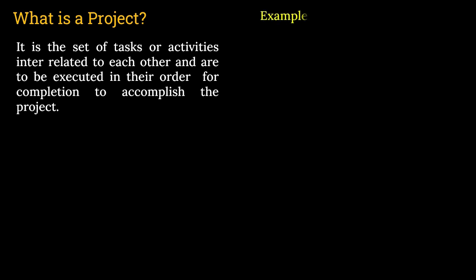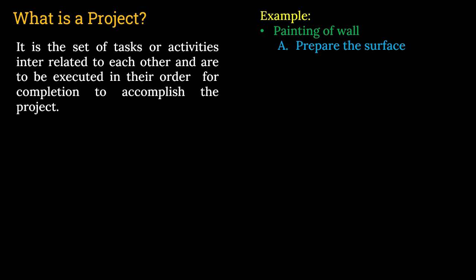Let us take one example. Suppose the example is painting of a wall. There is a wall, you have to paint it. Now to paint the wall, straightaway we cannot start painting. You need to do something more before we go for actual painting. What is that? Let us break down the entire task. First, prepare the surface. The wall has to be made ready.